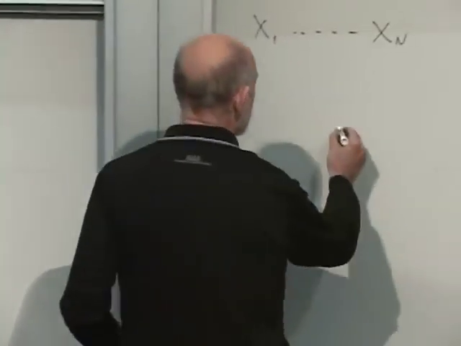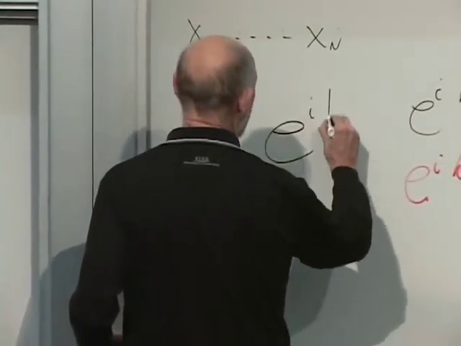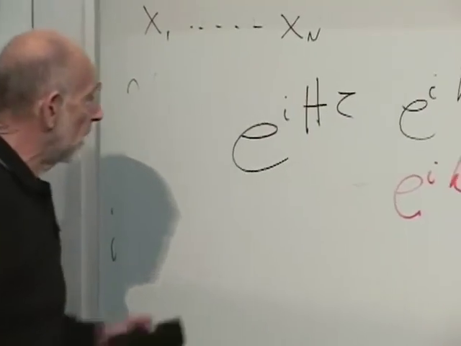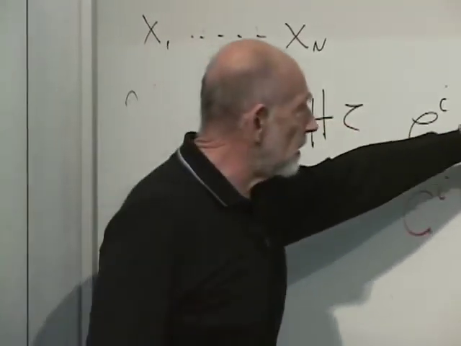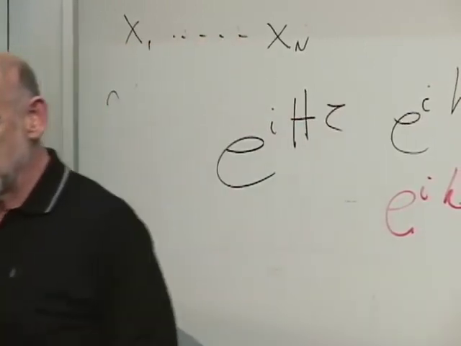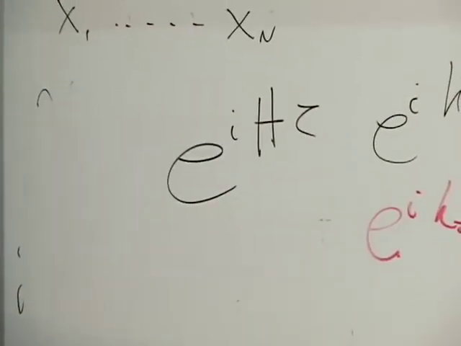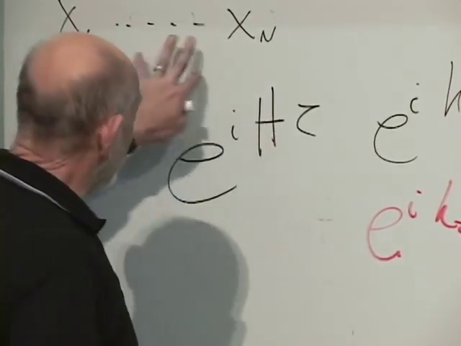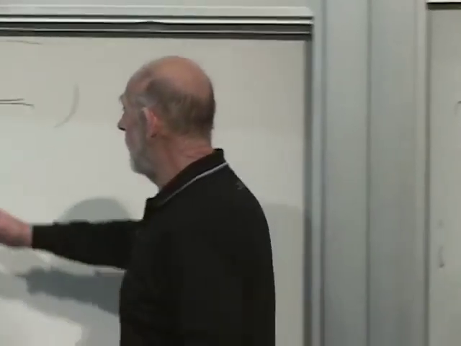That's the same as multiplying it by e to the i, the total Hamiltonian times tau. But what is the total Hamiltonian? It's just the collection of springs and mass points, a collection of harmonic oscillators. We know how to do this, and that gives us the state of the system after time t.